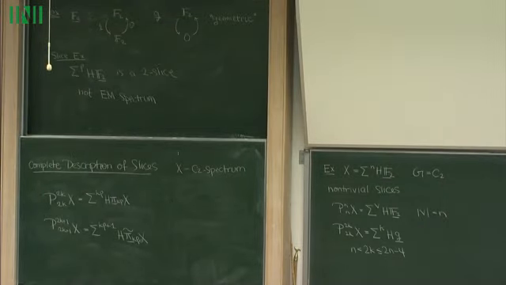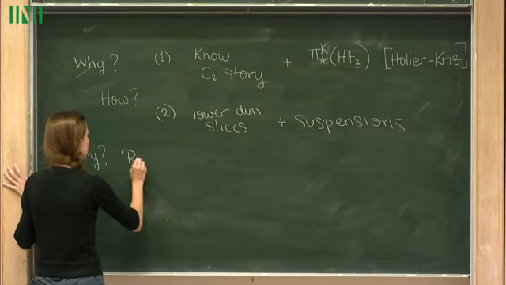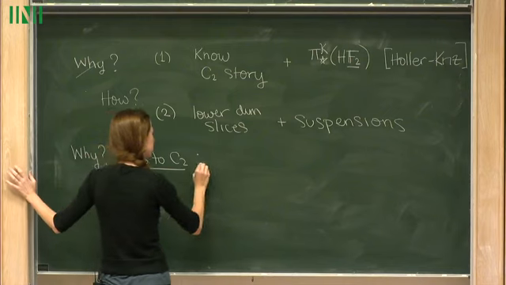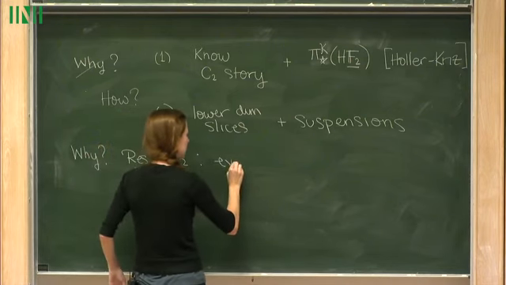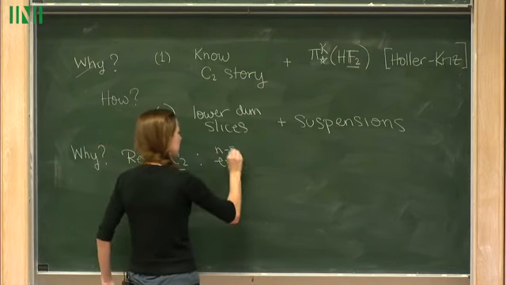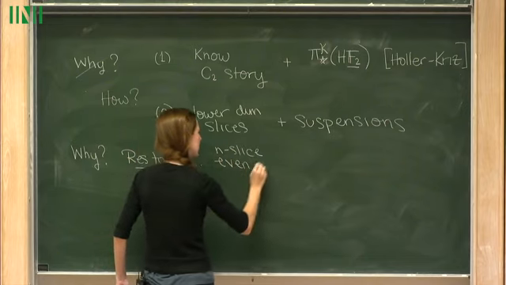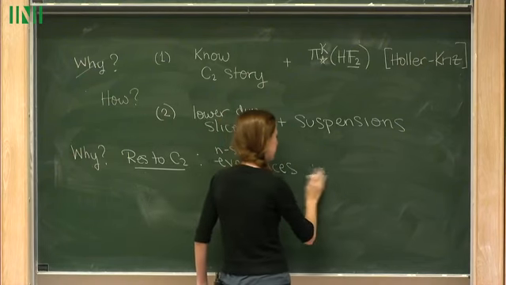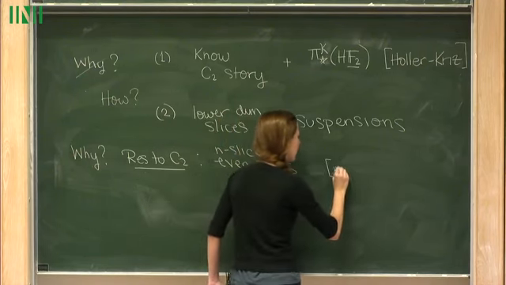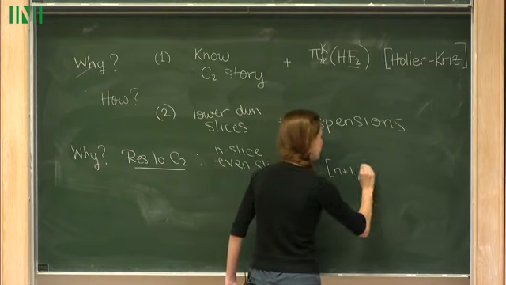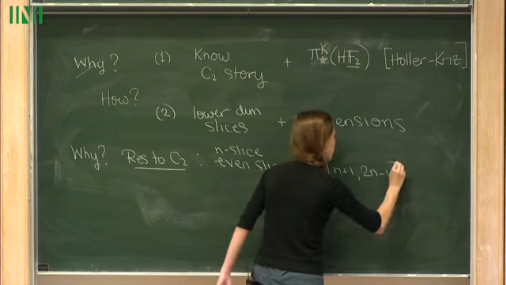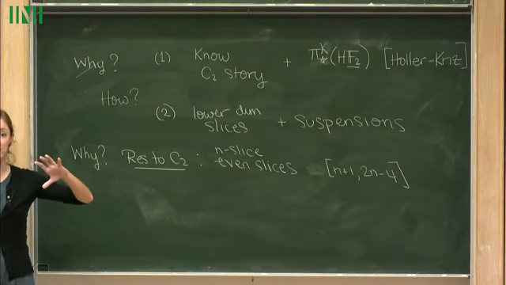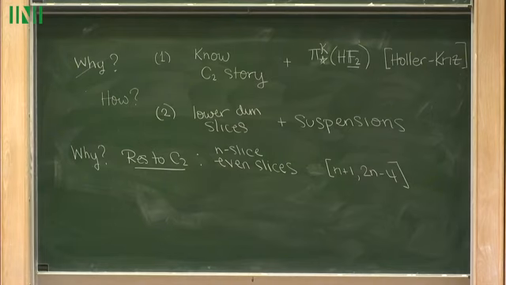So when we restrict to C2, we're seeing an n slice, and we're seeing even slices in the range from n plus 1 to 2n minus 4. So that tells us that we should have non-trivial slices in those dimensions as well.